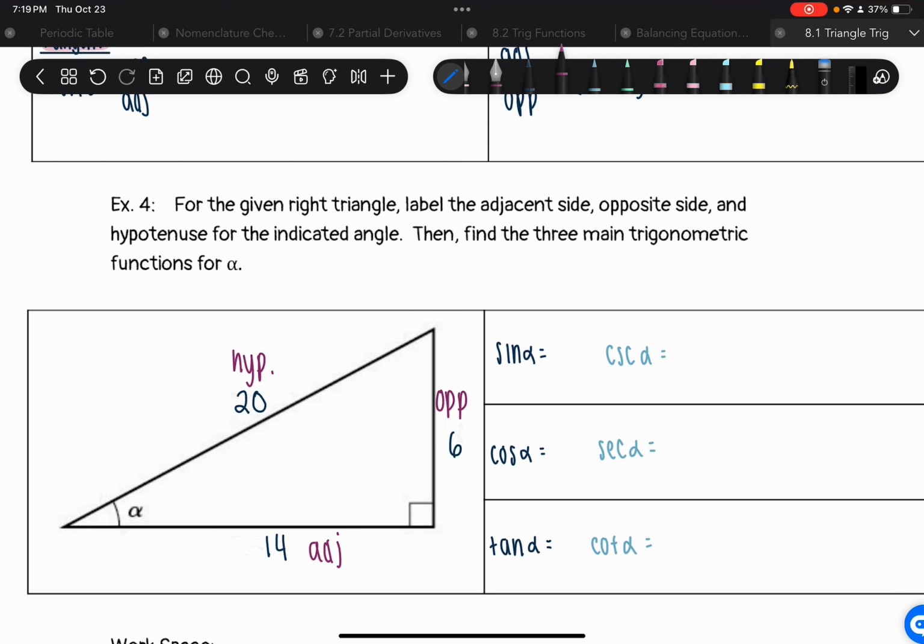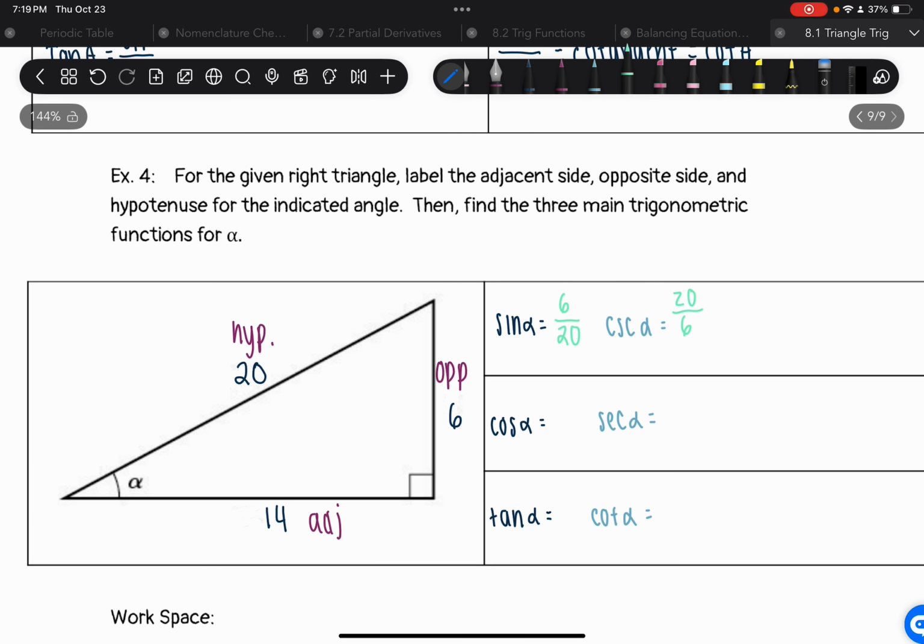So now let's find our 6 trig functions. So sine is opposite over hypotenuse, which is 6 over 20. And if we flip it to get cosecant, it's 20 over 6. For cosine, it's adjacent over hypotenuse, which would be 14 over 20.